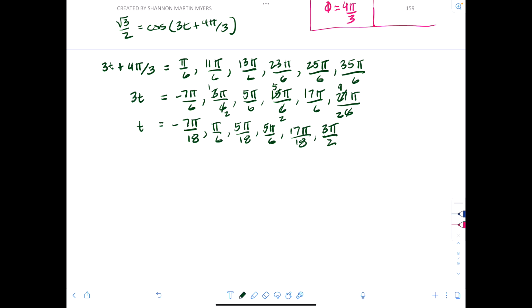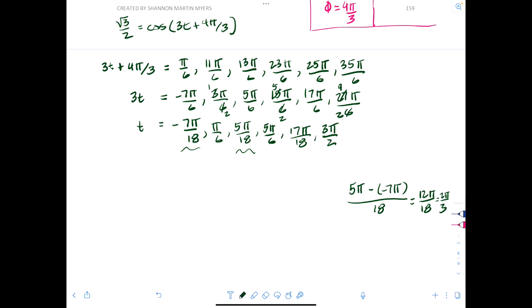If I take a look at the first angle, what's the difference between negative 7 pi over 18 and 5 pi over 18? 5 pi minus negative 7 pi, all over 18 would be 12 pi over 18, which is going to be what? 2 pi over 3 in between them, right?